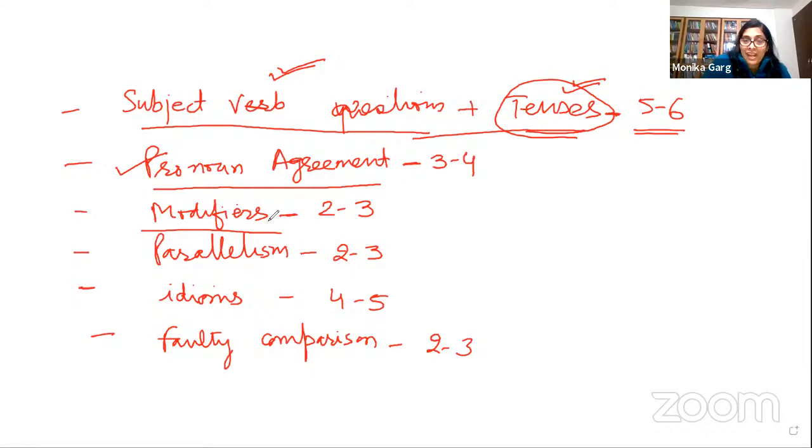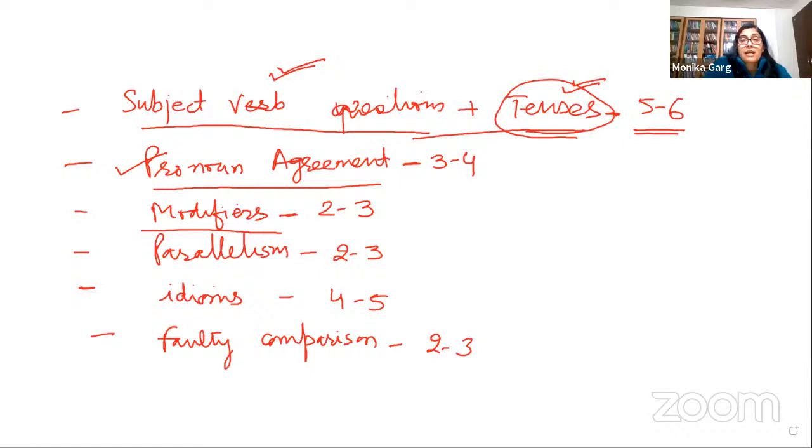So I need to correct it. I need to add a subject to it so that the meaning becomes proper. And that's why we call this error a dangling modifier error. So we correct this as "while I was running for the bus, my book fell in the mud."